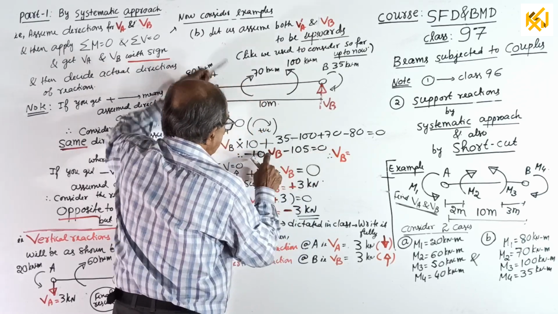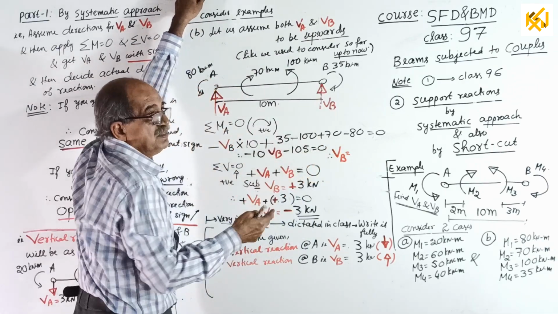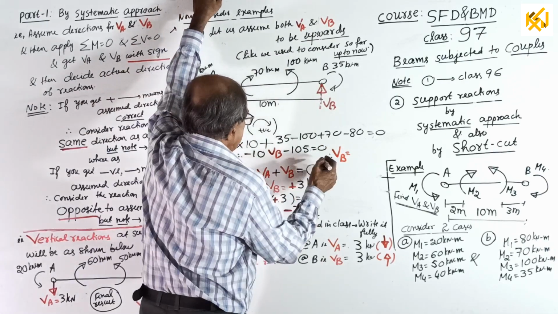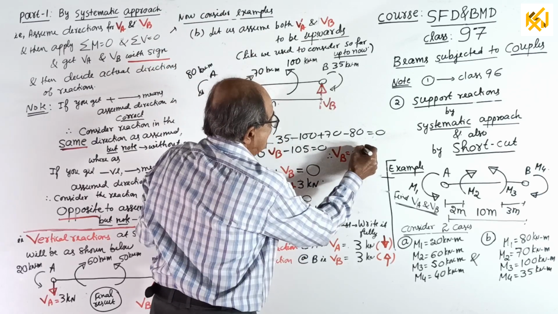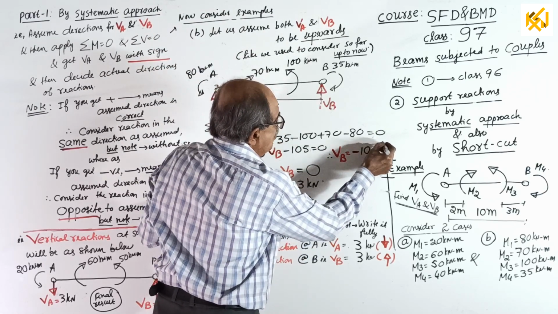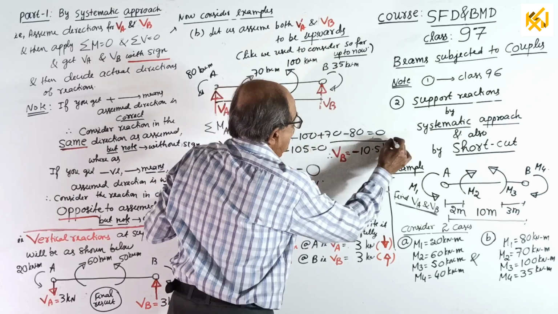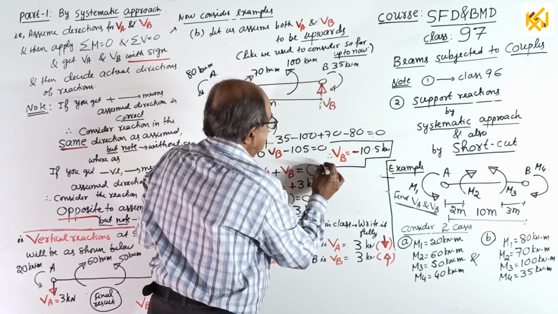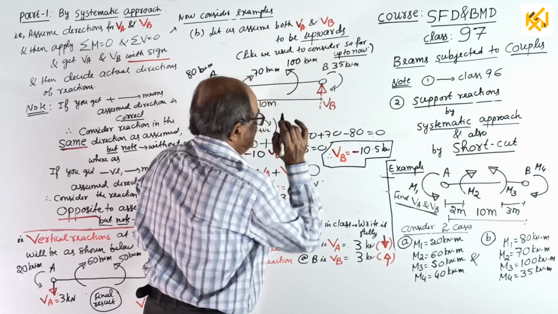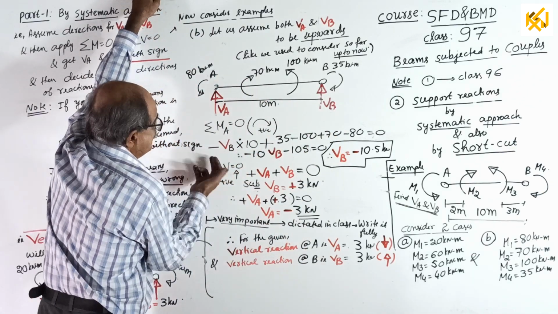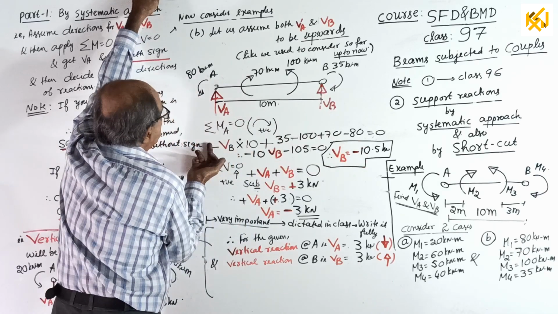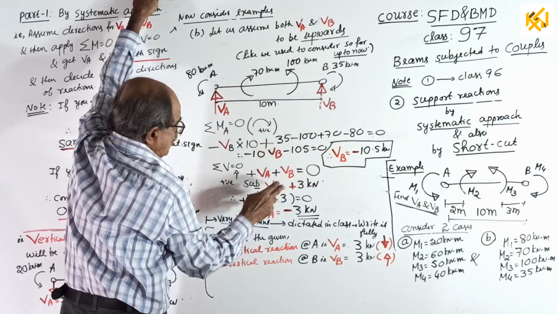See, this you take that side. Now it became high school mathematics. Sign will come minus, VB will come minus 10.5 kilonewton. Okay, now sigma V equal to 0, upward positive, plus VA plus VB equal to 0.